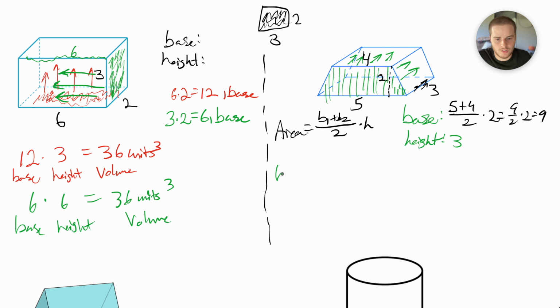So we have our equation of base times height, and that's equal to the volume of the shape. We said that the base was 9. I found the area of our trapezoid base. And we know that the height, the side length that goes in the direction we want to go, is 3. Multiply those two together, you get 27. We're going to say units cubed, just because we didn't pick any specific unit.